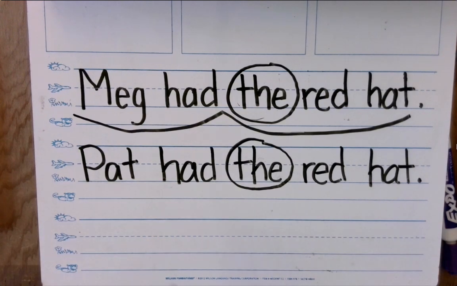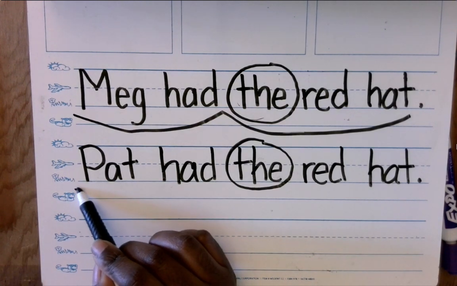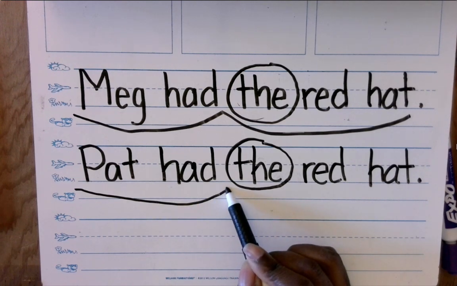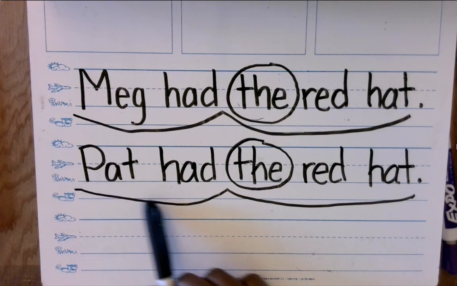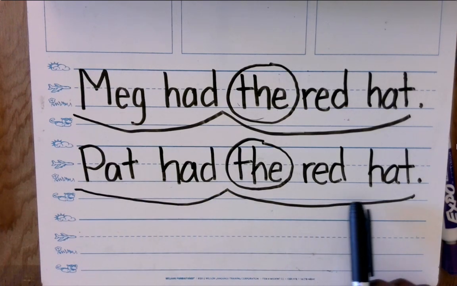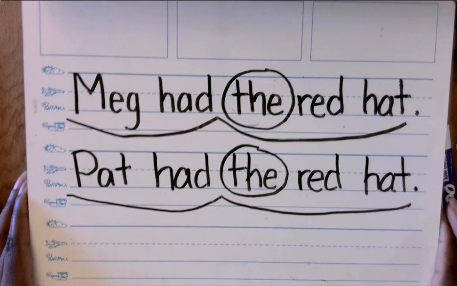Great job. Let me scoop this so we can read this with fluency. All right? You guys are going to read that. Go ahead. Good job. Again, I'm going to add a few more sentences, maybe one or two, in the description box below so you guys can continue practicing.